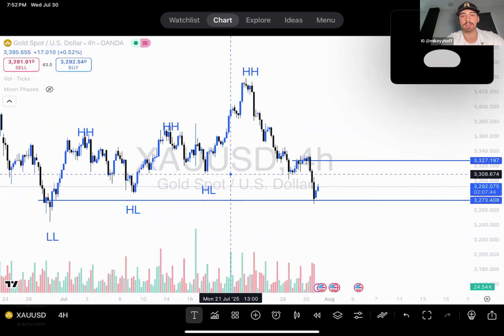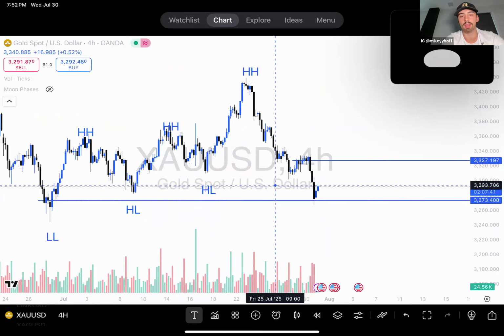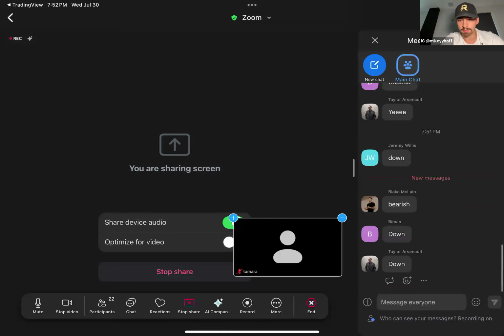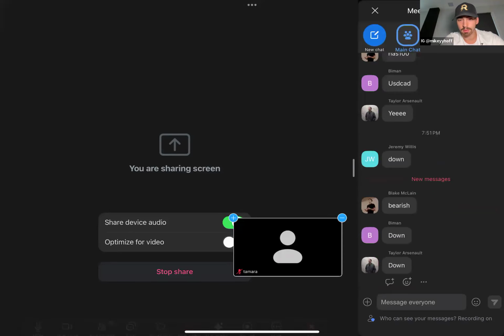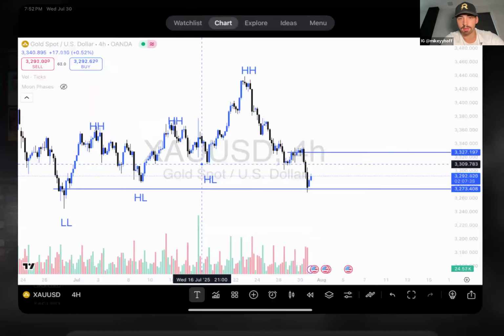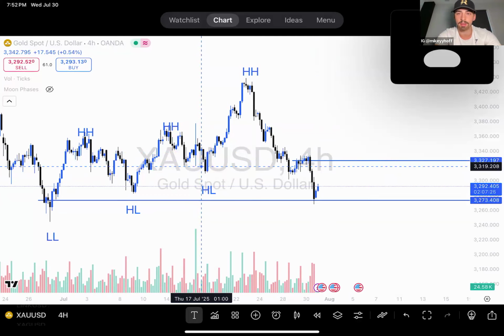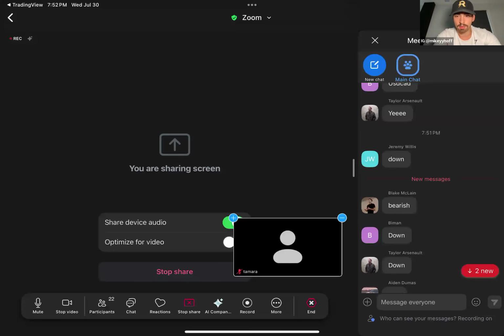And then is this low right here lower than this previous higher low? Drop in the chat. I want to see if this is making sense for you guys. Is this low lower than this previous higher low? Let's see what you guys are saying here.